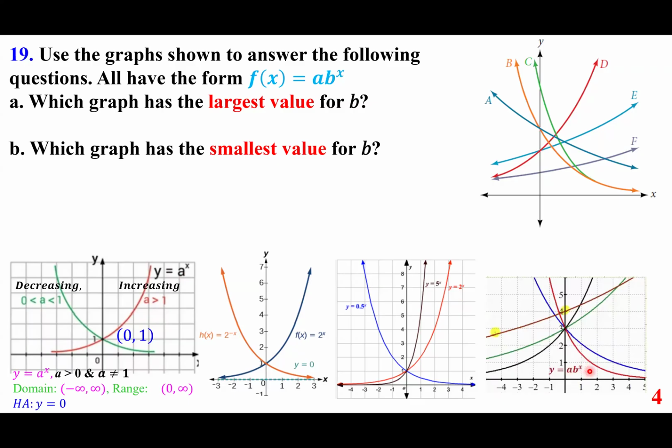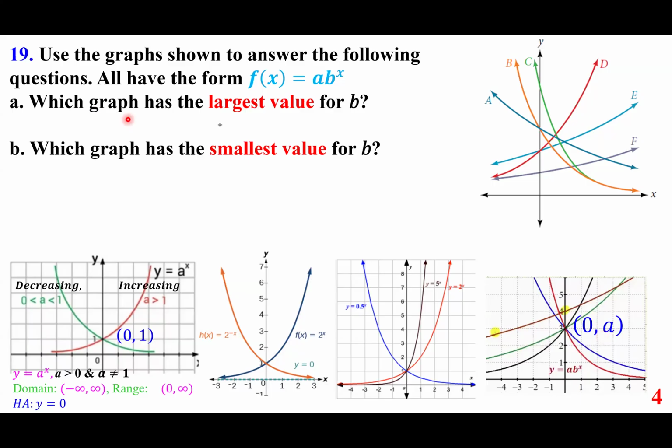If you replace the x with 0, b to the power of x goes to 1. Therefore, this location, which was 0, 1, now it's at 0, a. That is the difference. So if you have an a in front, it just changes the location of the y-intercept from 0, 1 to 0, a.